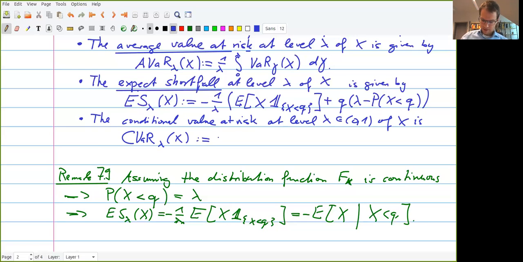This is defined as 1 over lambda, so a normalization constant, and then the expected value of the negative part, so that x is less than q. This is only a positive number if x is less than q, and then I make sure that it's negative by subtracting q.